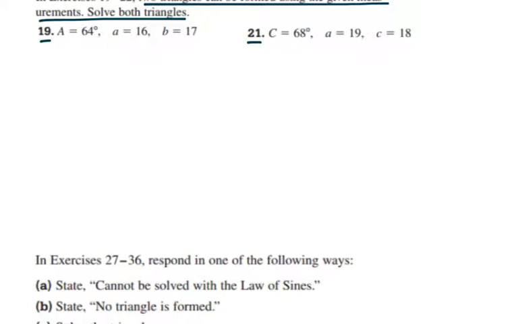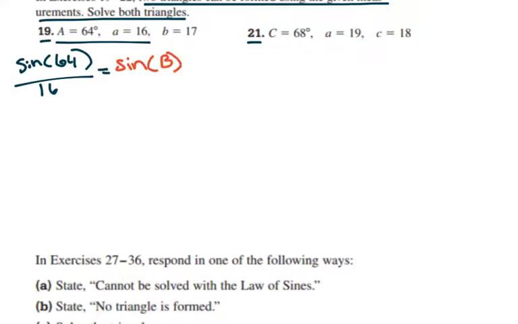So, first piece is our proportion, which is sine of 64 over 16. And then that is going to be set equal to sine of the B angle that we don't know over 17.